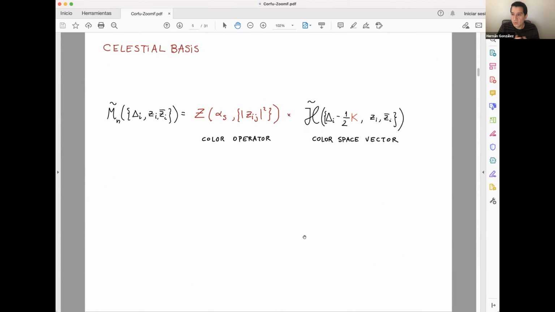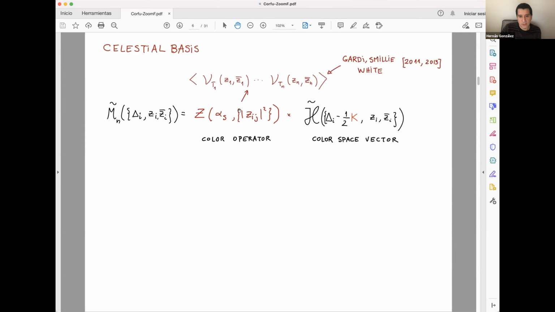What is important is that you can use that constraint to show that a similar factorization happens in the celestial bases, where now you have this factor C that is entirely defined on the celestial sphere. It's a color operator acting on this hard piece that is a vector in color space, and where now the conformal dimension has been shifted by a quantity that, as happens in gravity and QED, is divergent.